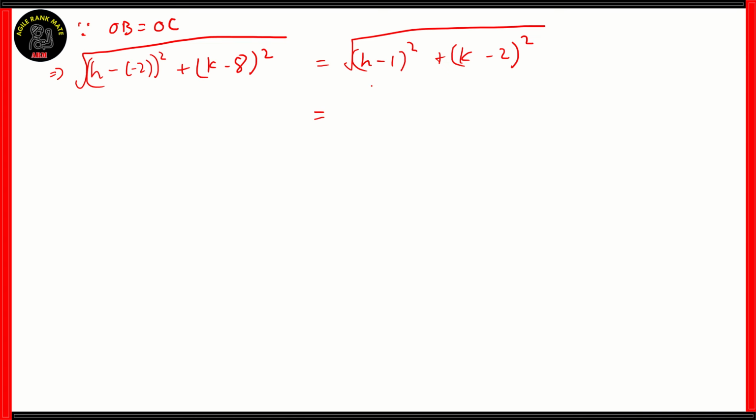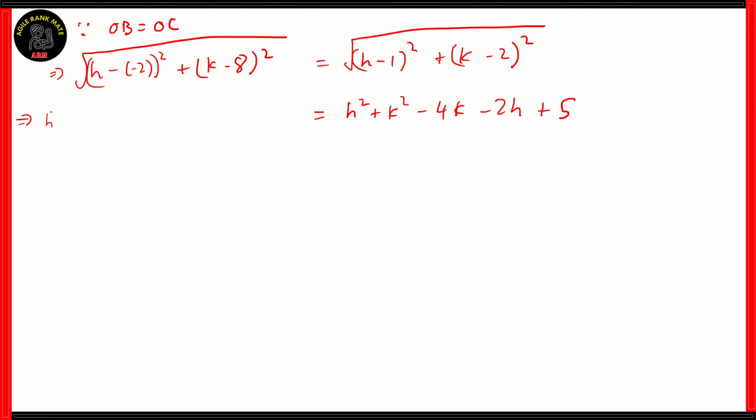Now I'm going to write the right hand side in terms of h squared plus k squared minus 4k minus 2h plus 5, just to save time. The left hand side, we'll have to do manually. So we have to expand (a minus b) the whole square.